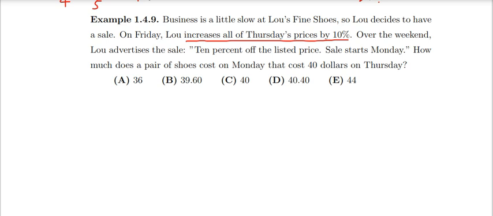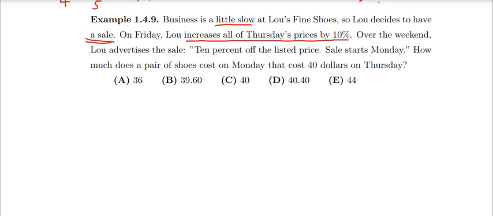For this problem, we should be careful to understand the question first. Let's say business is a little slow, so they decided to have a sale. A sale means the price goes down.